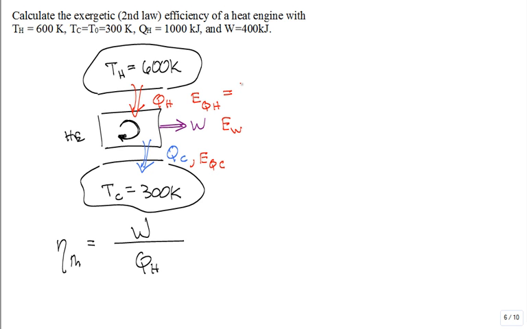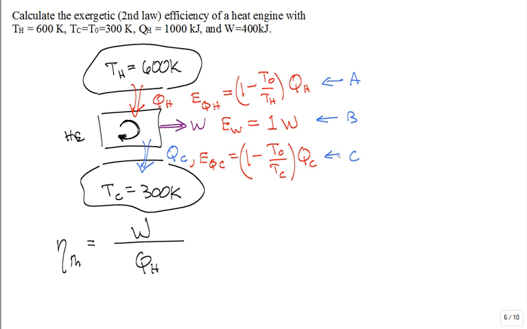It's 1 minus T naught divided by TH times QH, true? Okay, what is our model for the exergy transfer with the work? Is that equal to 100% of the work? Just work by itself, forget the 1, but I just put 1 in there because it's 100%, it's 1 to 1. And then this is 1 minus T naught over TC times QC.